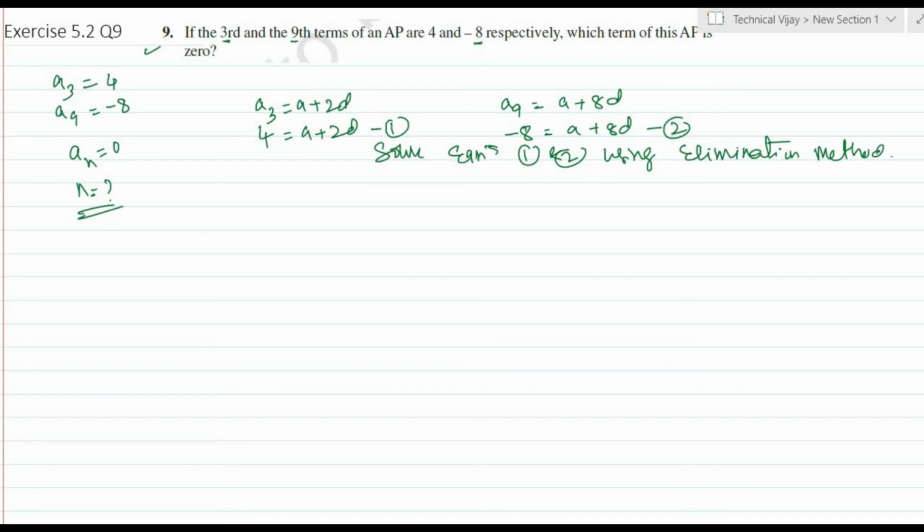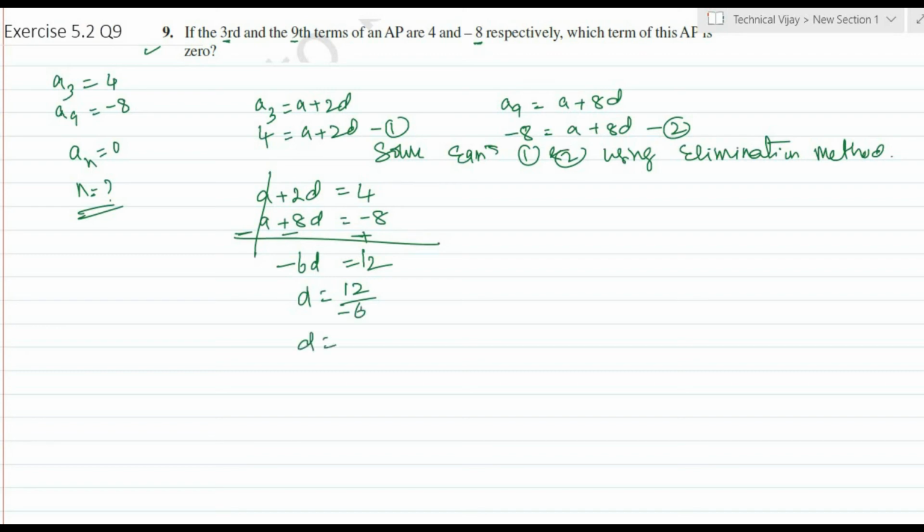You can solve it by any method. A plus 2D is equal to 4. A plus 8D is equal to minus 8. Subtracting, A gets cancelled. This is minus 6D is equal to plus 12. So D is equal to 12 divided by minus 6, which is minus 2.